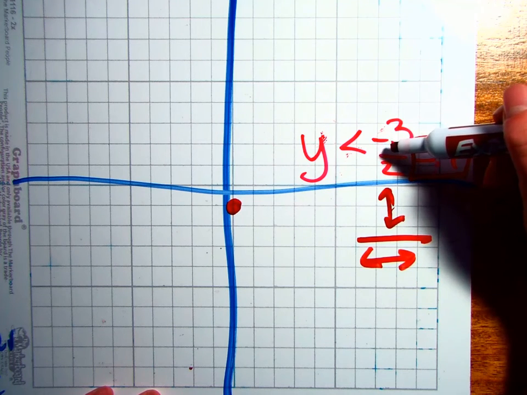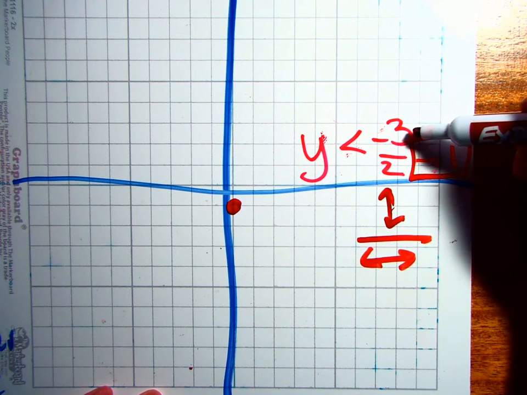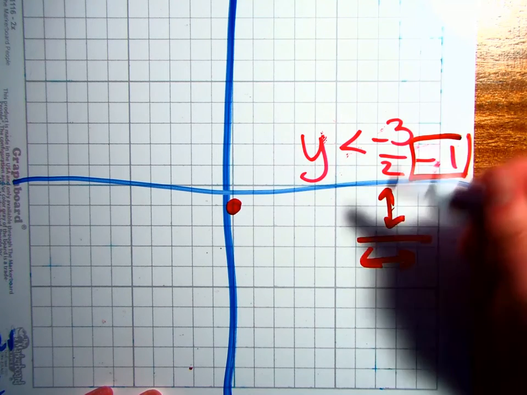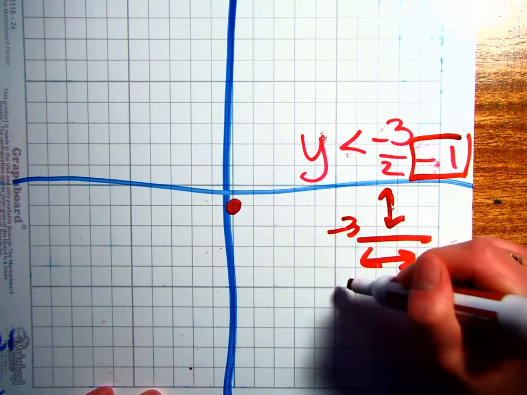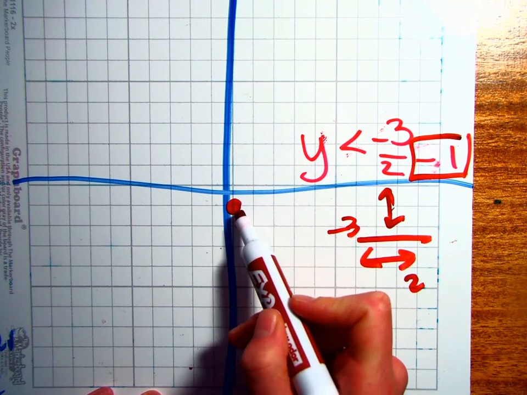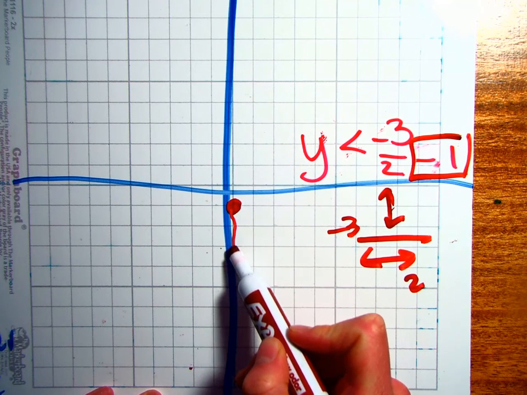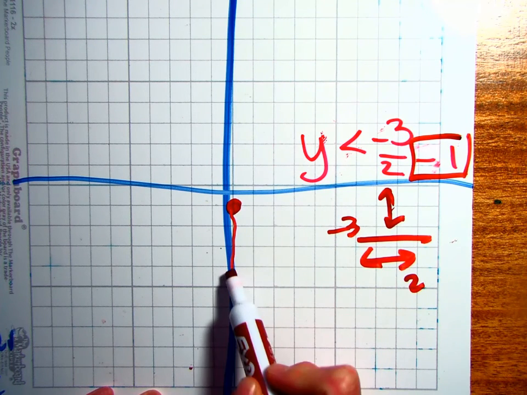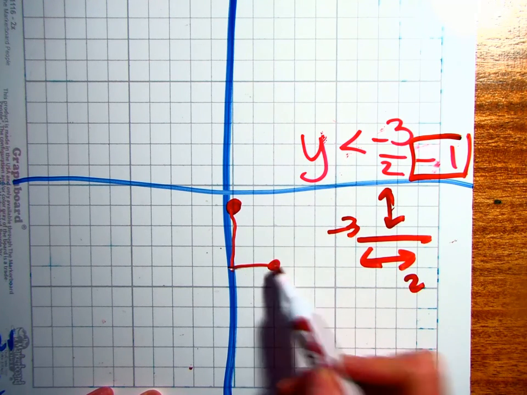We only use that negative sign once, with one of these numbers. So we count the 3 like it's a negative, and the 2 is a positive. So I go back to negative 1, count down 1, 2, 3 squares, and since it's positive 2, count 2 to the right.